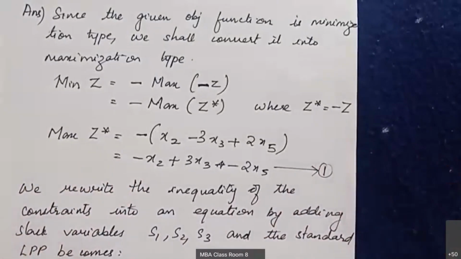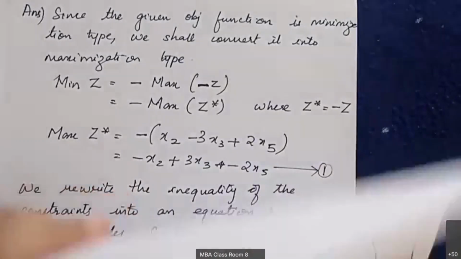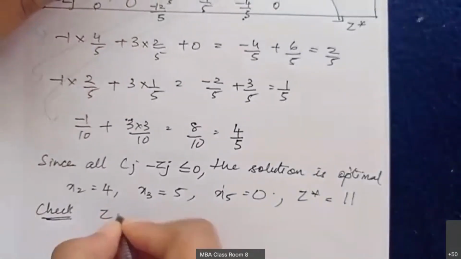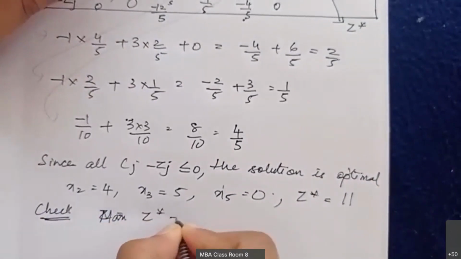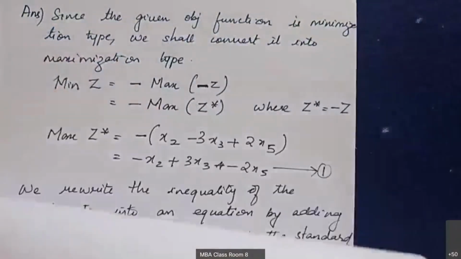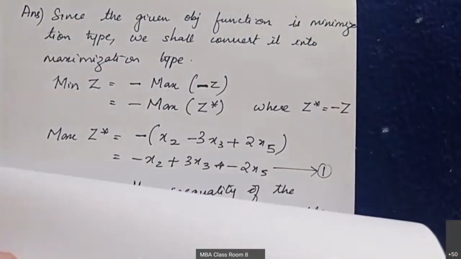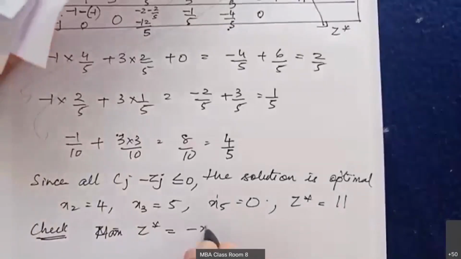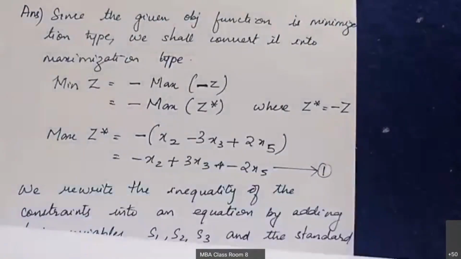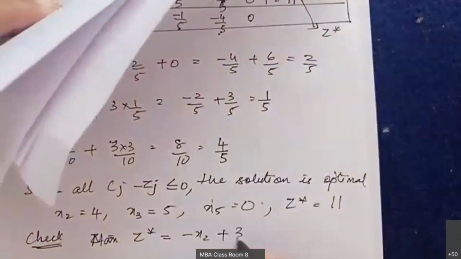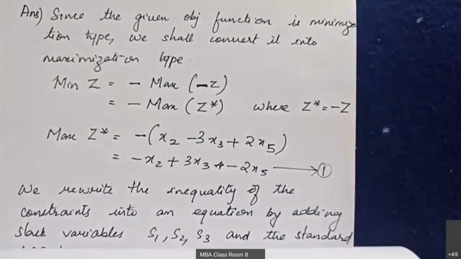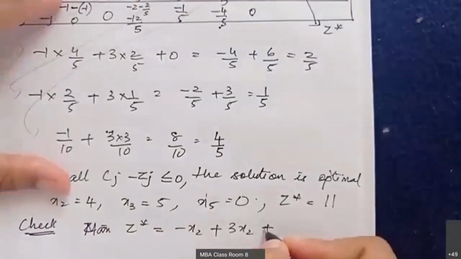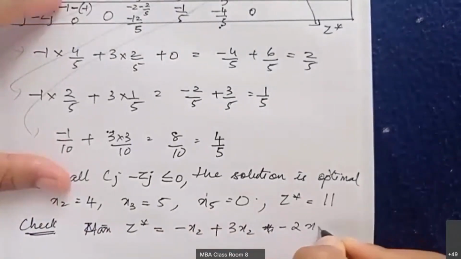Okay, so maximize Z star is equal to minus x2 plus 3x3 minus 2x5.